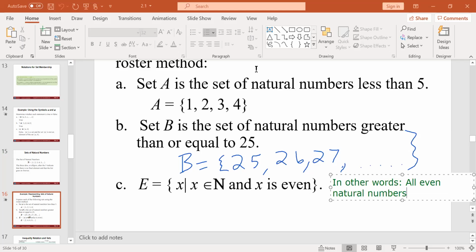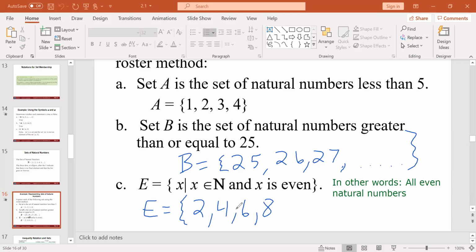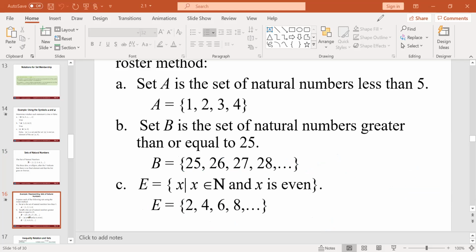So they're calling it E, all the even numbers, basically, starting with 2, 4, 6, 8. Does it keep going? It does. It goes on forever, never stops. So all I wanted us to do is to list these things out in roster notation.